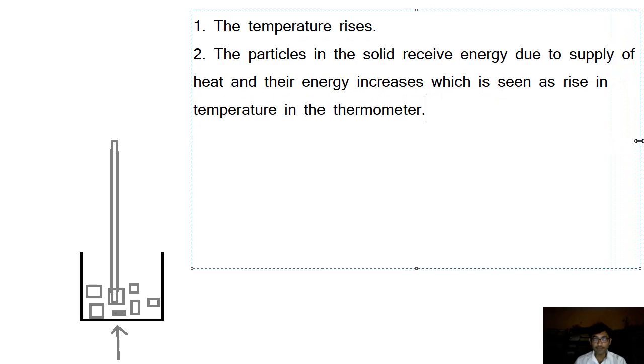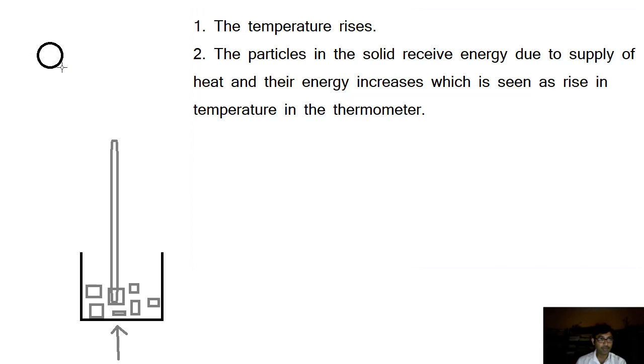Okay, now if we go on heating further, what happens is, there comes a time when the particles in the solid state start getting converted into the liquid state. That is, the particles in the solid state which were only in to and fro motion about their mean position, they now start getting freed from this mean position, and now they are able to move about throughout the volume of the liquid.